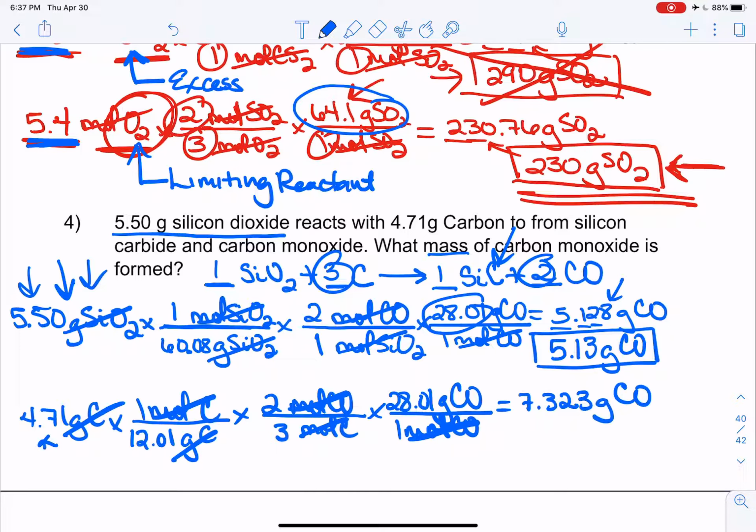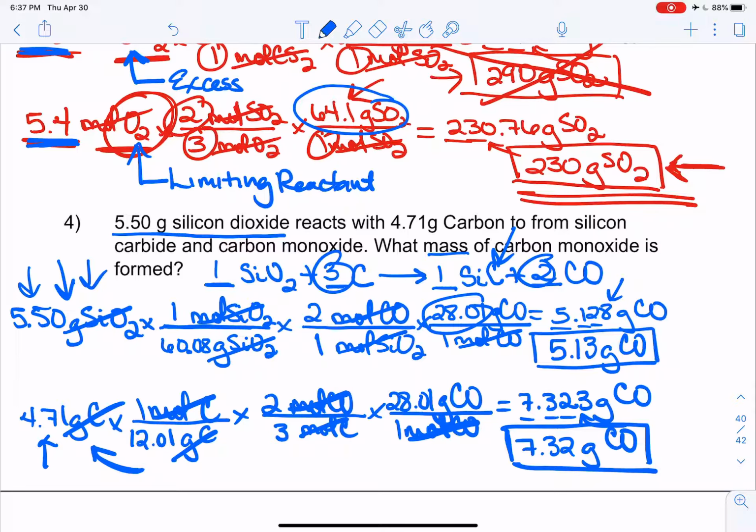And we have 3 sig figs here, so it's 1, 2, 3, and we take a look at that 3, which will tell us whether we round the 2 up or not, and we don't. So we have 7.32 grams of carbon monoxide that we can possibly make from this amount of carbon.